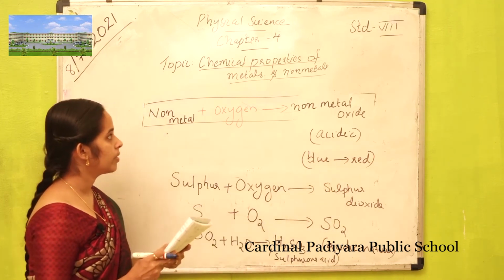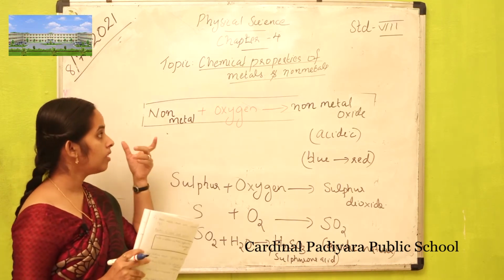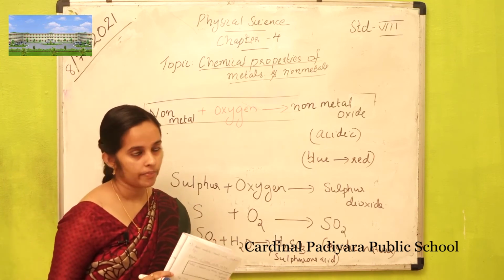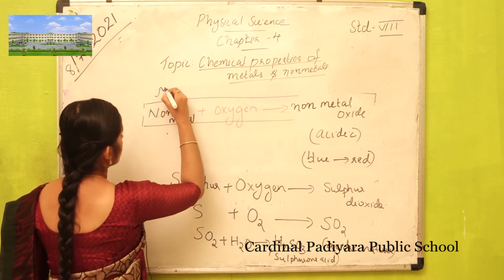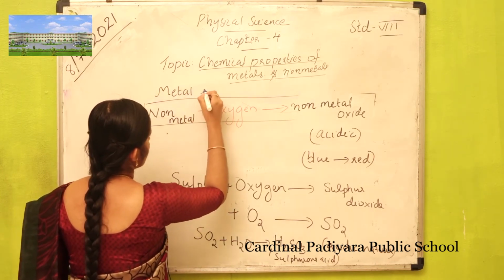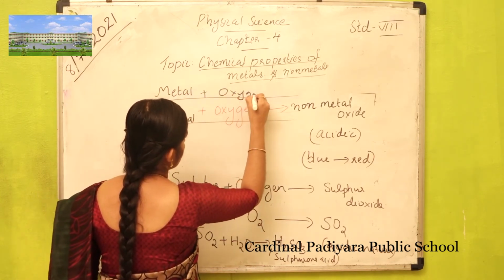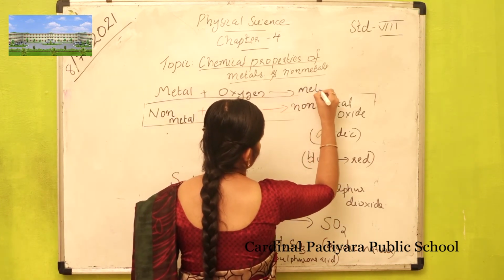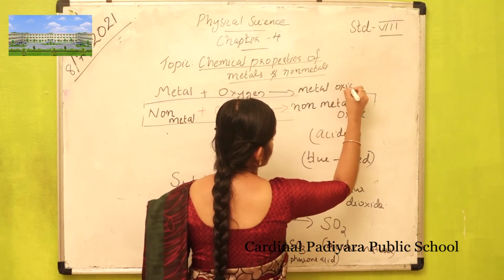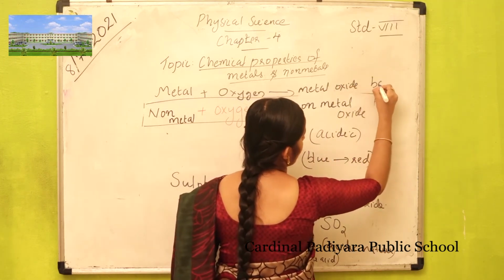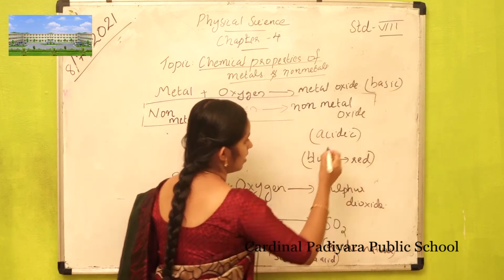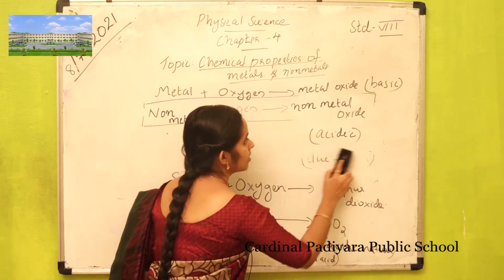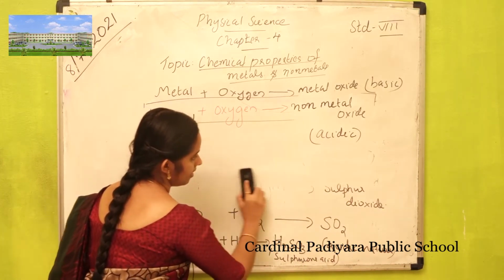So what did we study today? We studied how metals and non-metals react with oxygen. Metal reacting with oxygen gives a metal oxide, which is basic in nature, and a non-metal with oxygen gives a non-metallic oxide, which is acidic in nature.